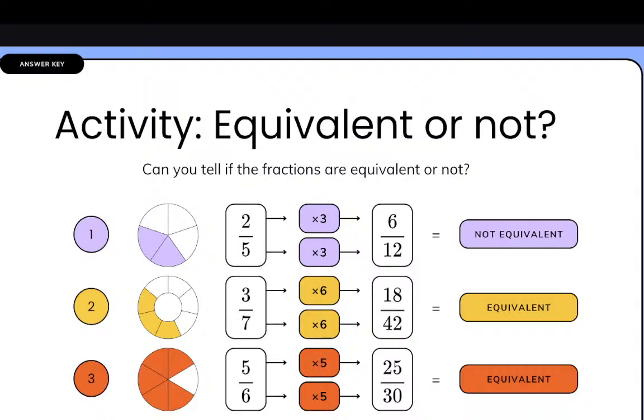For the third one, we have 5/6 times 5. 5 times 5 equals 25, and 6 times 5 equals 30. Since we got 25/30 as our numerator and denominator, that makes these fractions equivalent as well.